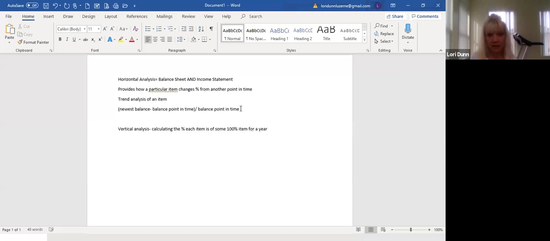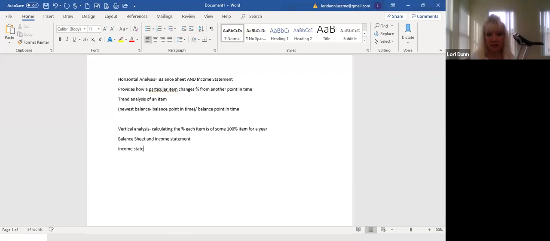Again, that's what it is, but it is done on the balance sheet and the income statement. But it's done vertically, up and down on the financial statement, where we just did horizontal going across. It's a per item change. Here we're looking at what each item is percentage-wise of some 100% item.